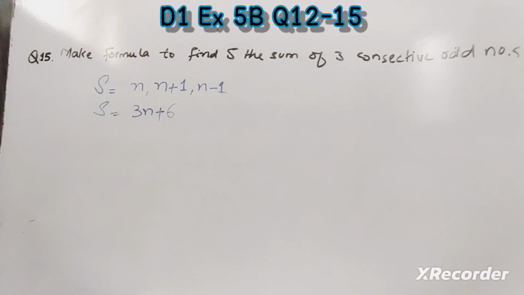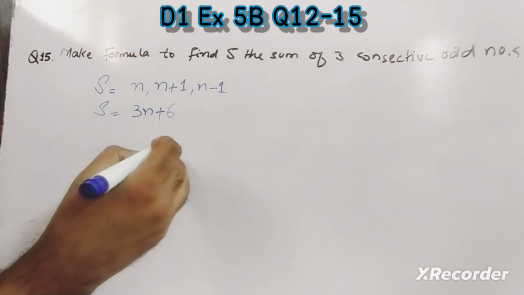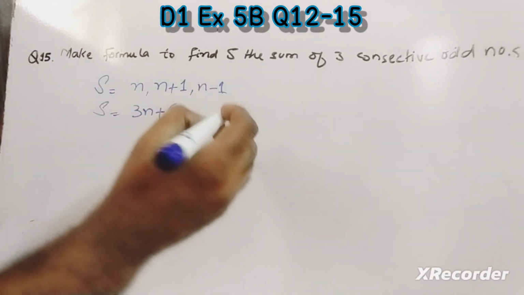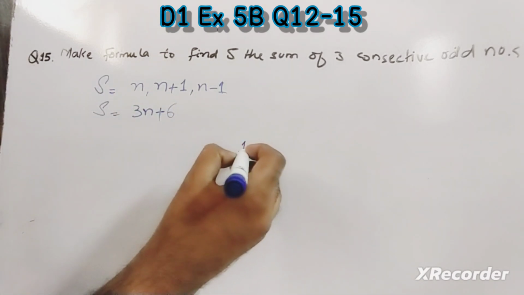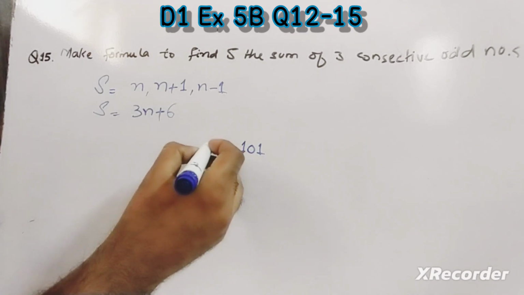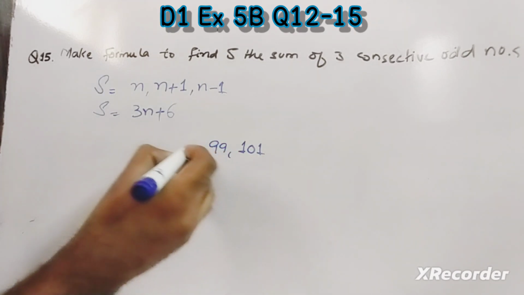The second part is asking the odd numbers, find the value of s if the largest odd number is 101. So there are 3 odd numbers, 101 is the largest one. The second number should be 99, and the first number is 97.